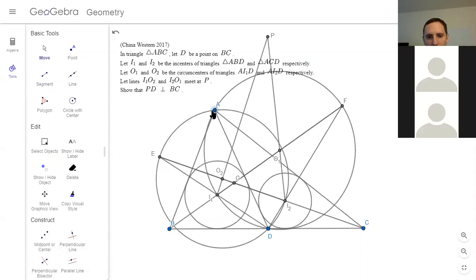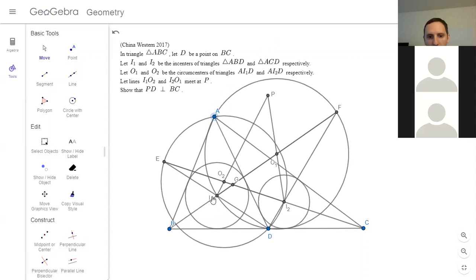So that must be an angle chase to show that CI2, the angle bisector of this, is actually a diameter of that circle.